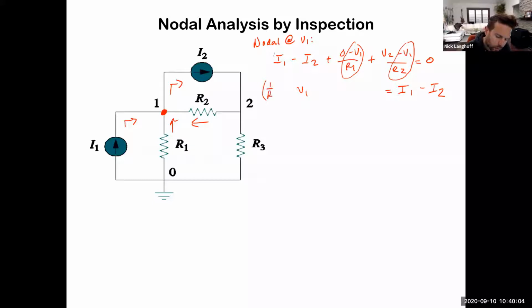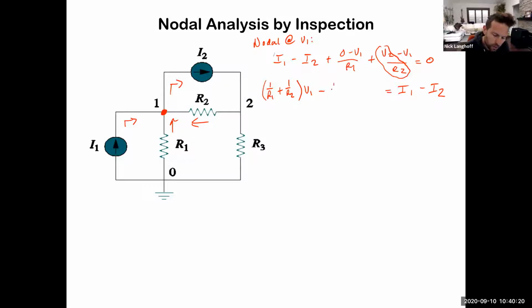So this is going to be (1 over R1 plus 1 over R2) times V1, minus, because remember we're flipping the sign, 1 over R2 times V2, is all equal to I1 minus I2. Okay, that's equation 1 in this form.